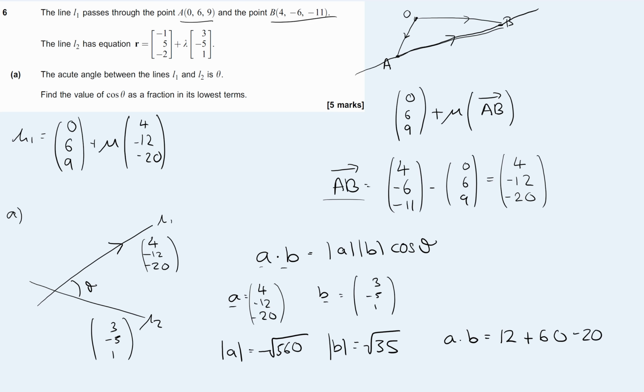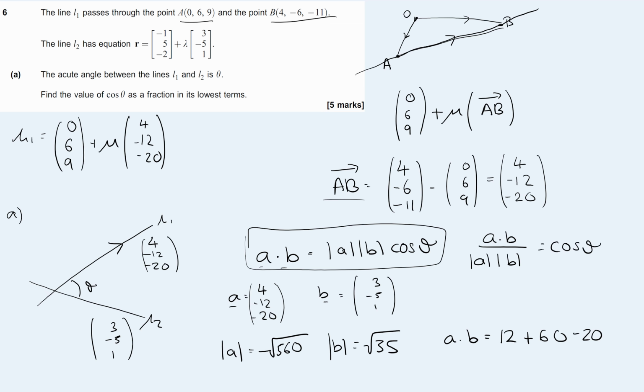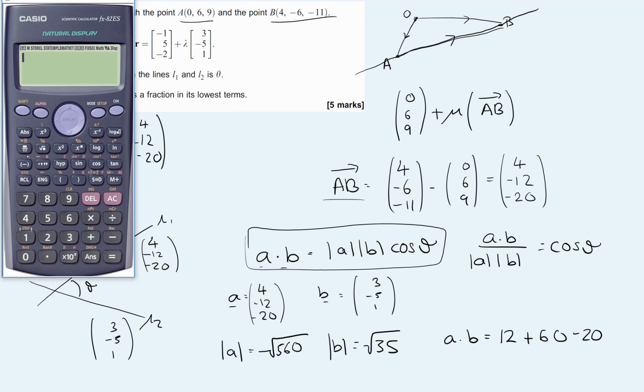So then I'm going to take our formula here, rearrange it, so it's A dot B over the magnitude of A times the magnitude of B, which equals cosine of theta. And then if we just put all of that into our calculator, so A dot B, which is 12 plus 60 minus 20, divided by the root of 560, multiplied by the root of 35.